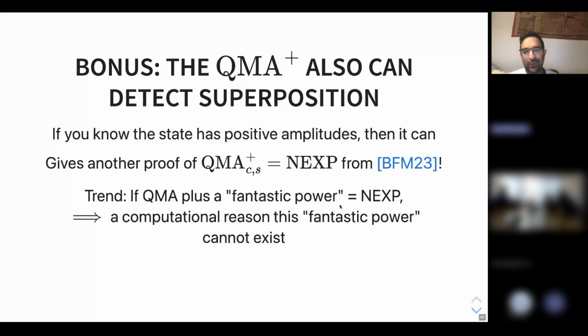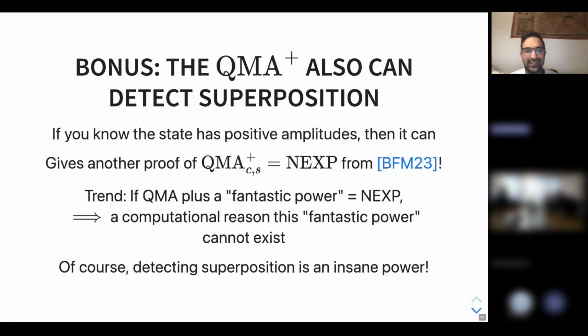And you can try this protocol. If you can detect superposition, then this protocol will succeed, and so the fantastic power cannot exist. I find this a fun thing to play with. Of course, detecting superposition is an insane power.